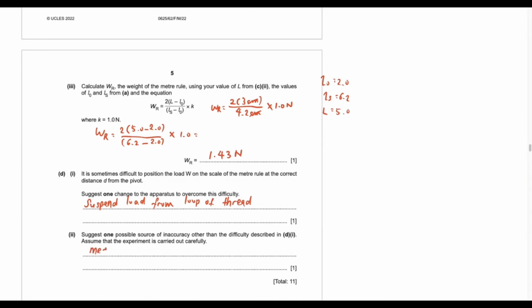So the meter rule is not uniform. The other possible answer, if you can't think of this, then you may use: the spring extension is not linear.